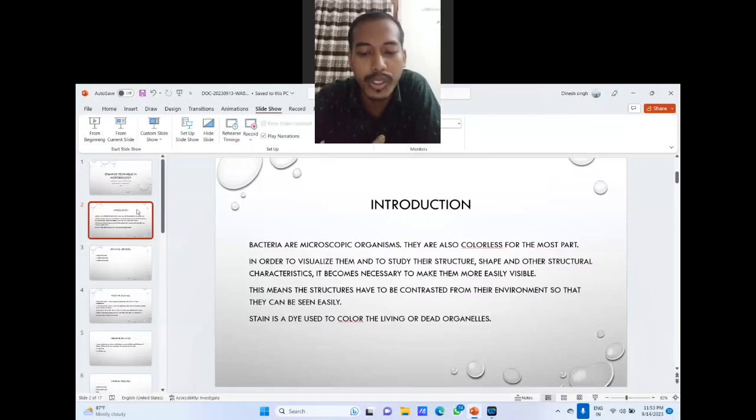This means the structures have to contrast with the environment so that they can be easily seen under the microscope. So staining is basically a technique whereby, using dyes, we color living and dead organisms.